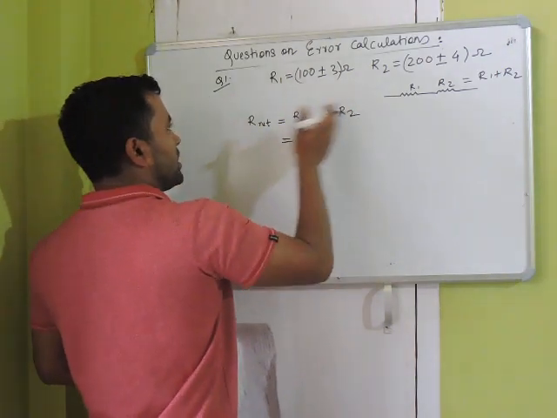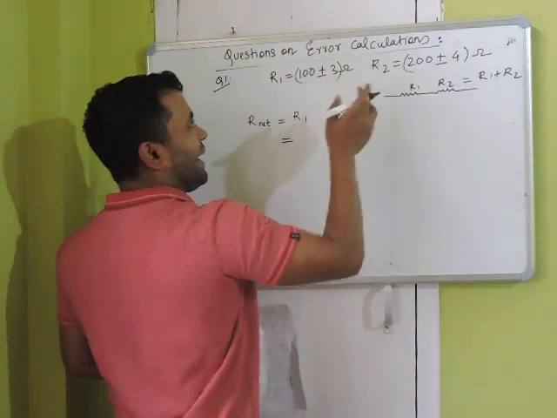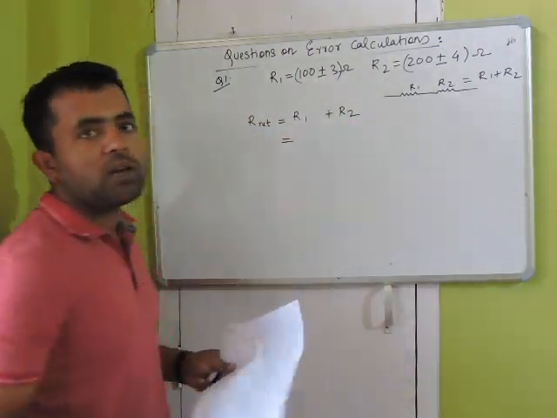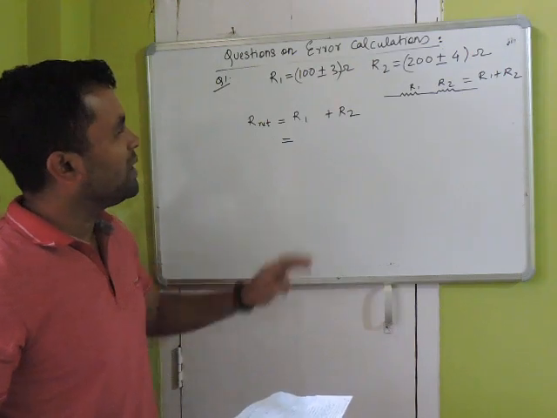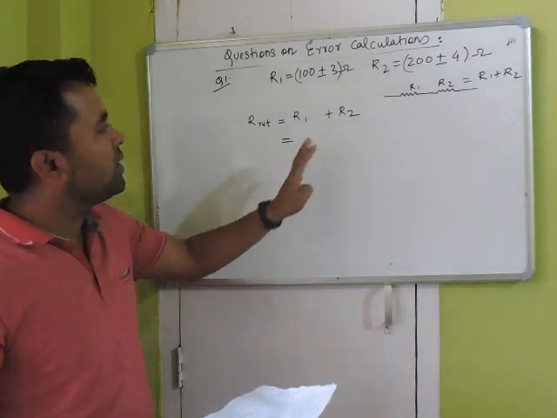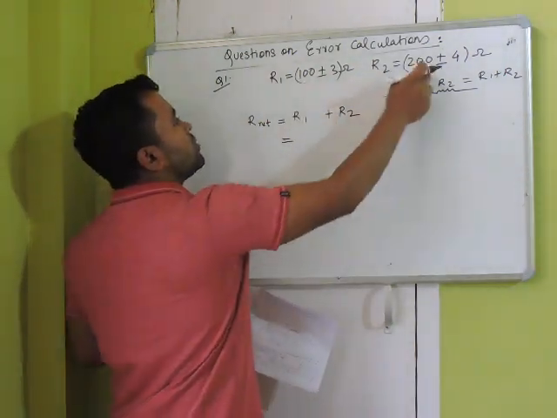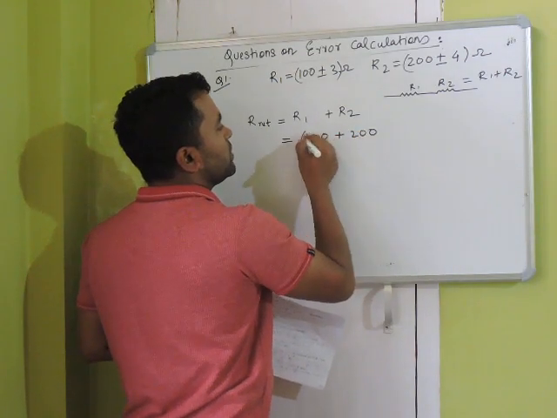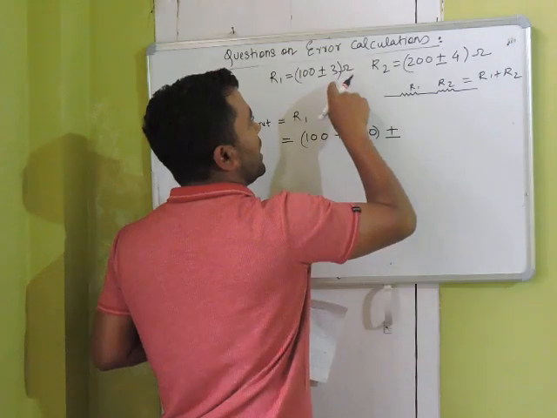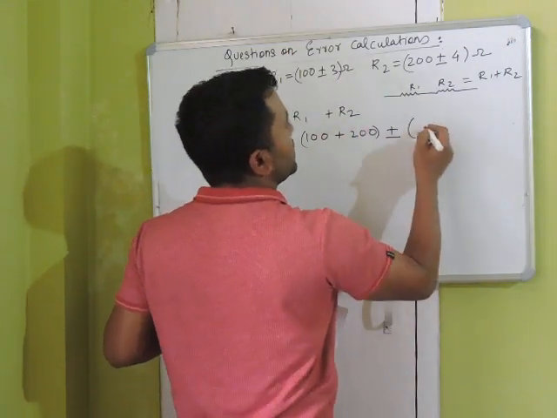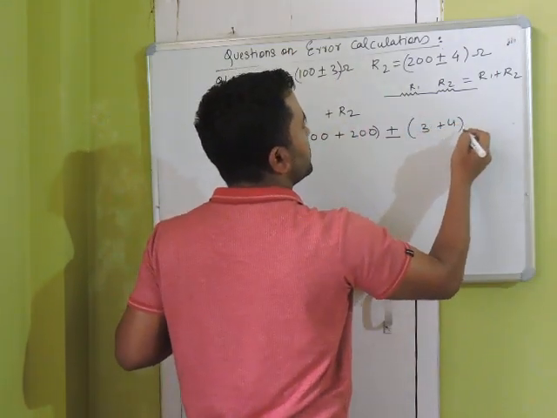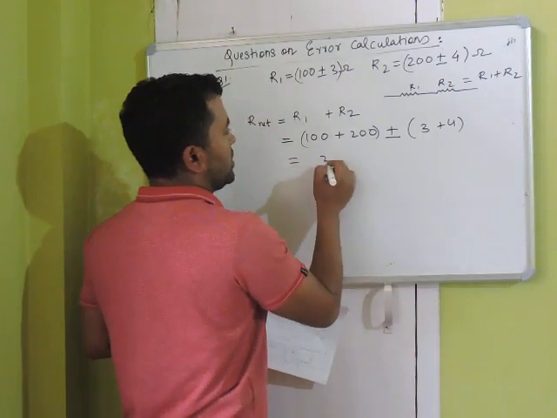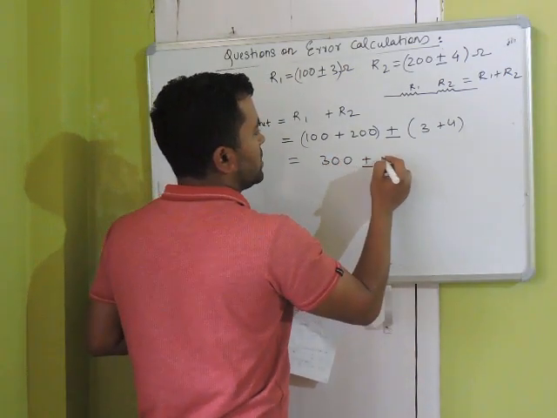This is nothing but addition, so everything will get added. If you remember how we calculate error in addition, 100 plus 200, plus minus, the error always gets added, 3 plus 4. So this will be 300 plus minus 7.